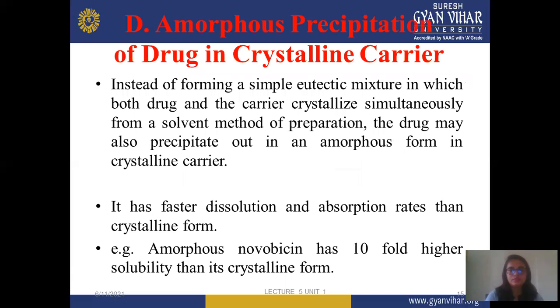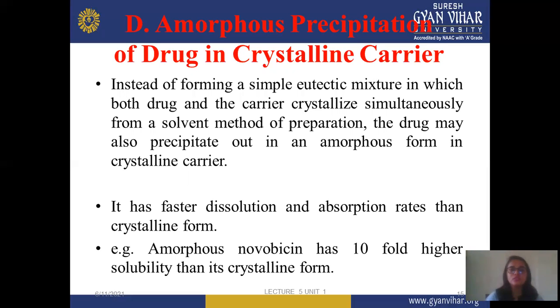Next, D is amorphous precipitation of a drug in a crystalline carrier. In this, instead of forming a simple eutectic mixture in which both drug and carrier crystallize simultaneously, from a solvent method of precipitation the drug may also precipitate out in amorphous form in the crystalline carrier.